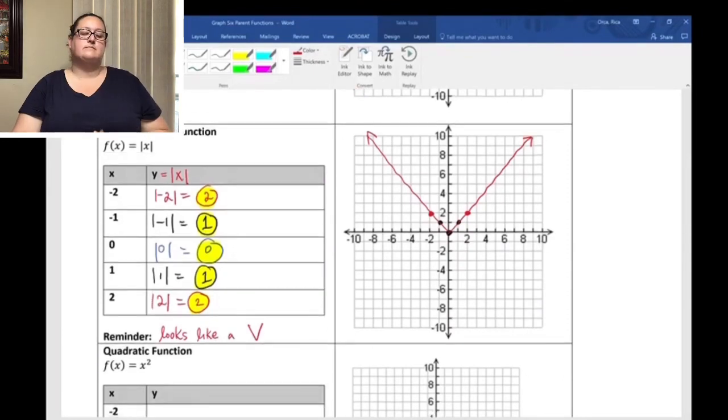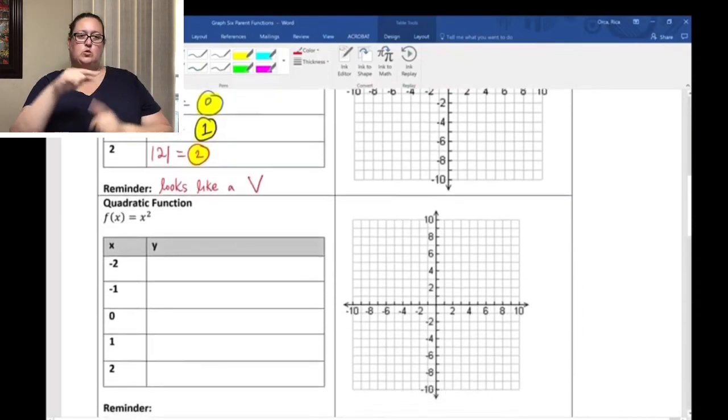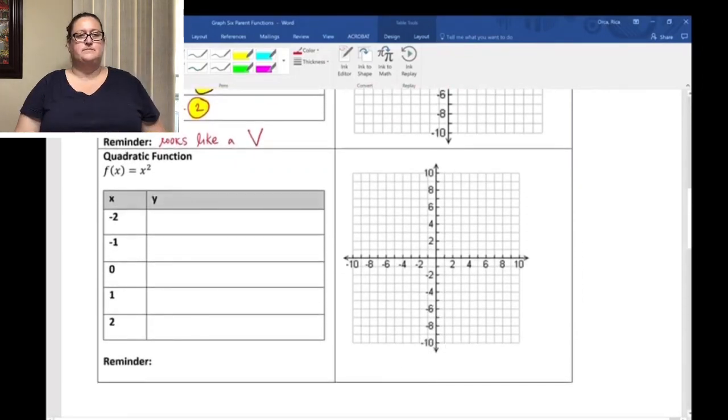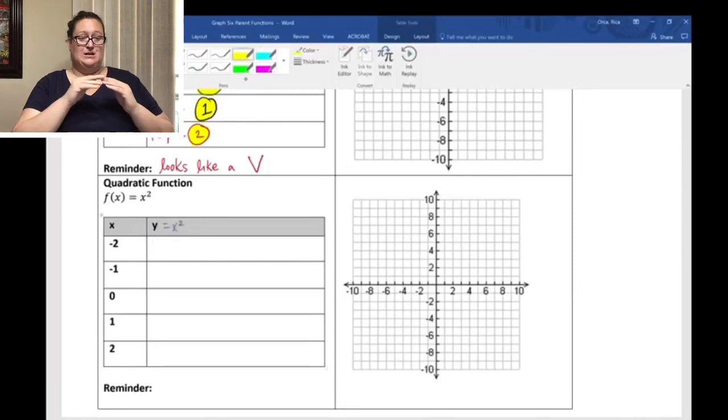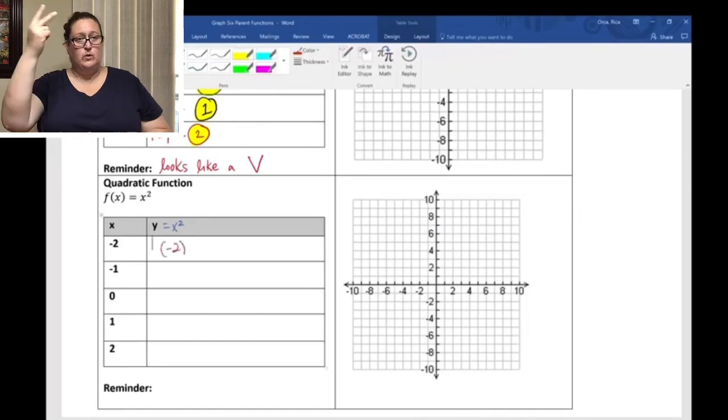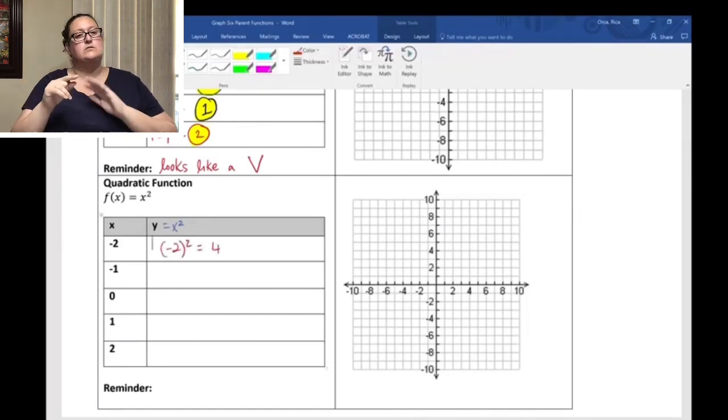Let's move on to the quadratic function. Same thing, let's plug the numbers in. We're plugging it into y equals x squared. When x equals -2, y will equal -2 squared, which is 4.